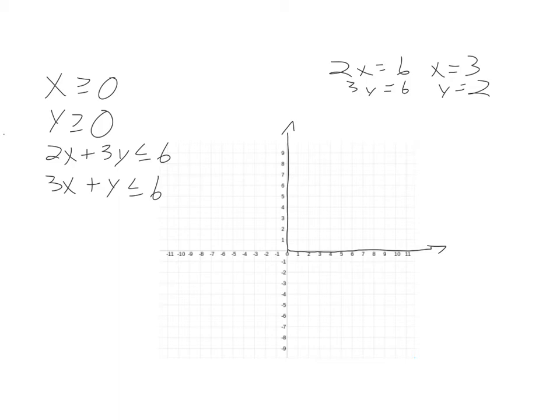So I can do x equals 3, make a little point there, and a point at y equals 2, and then I can draw a line between them. Okay, so that takes care of that one, and it's going to be shaded below. So it's going to be this small region down here.